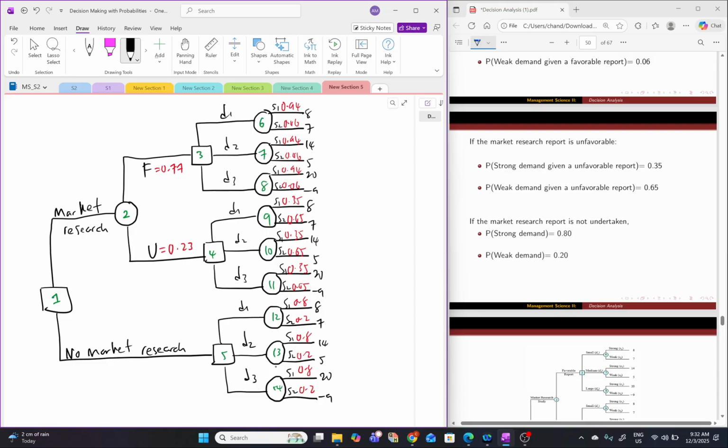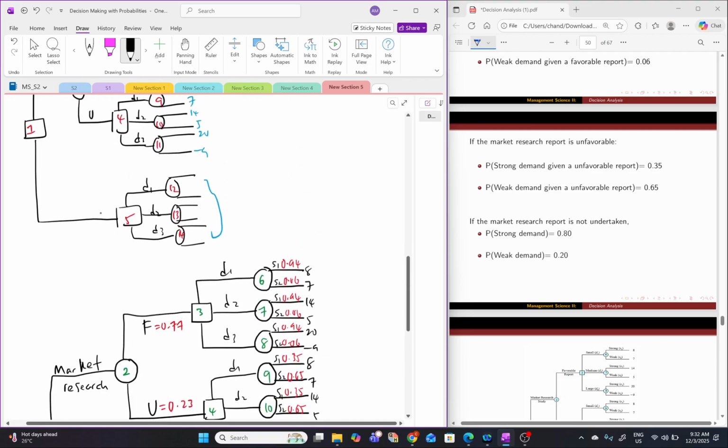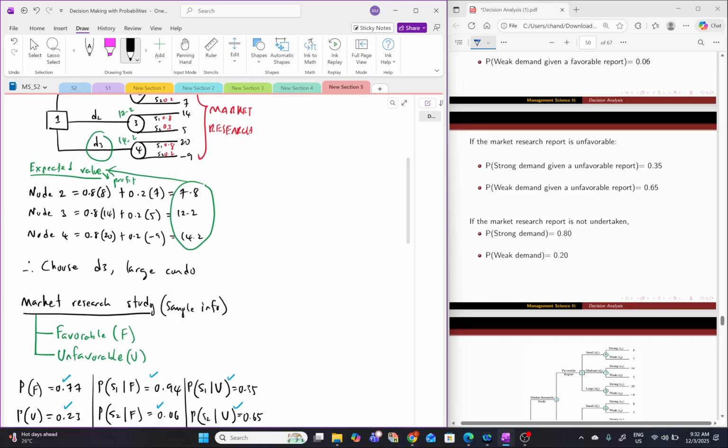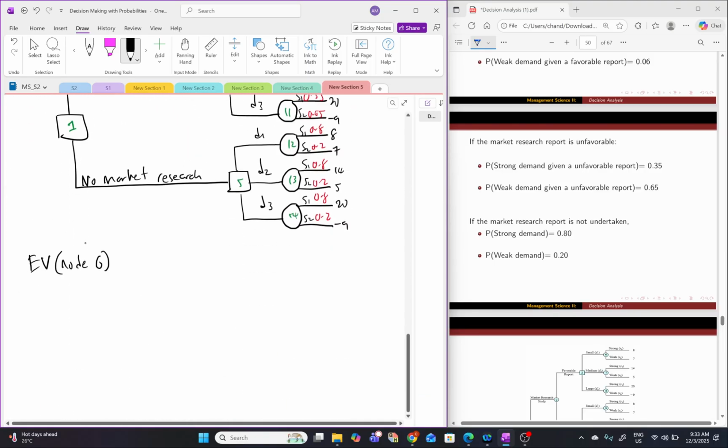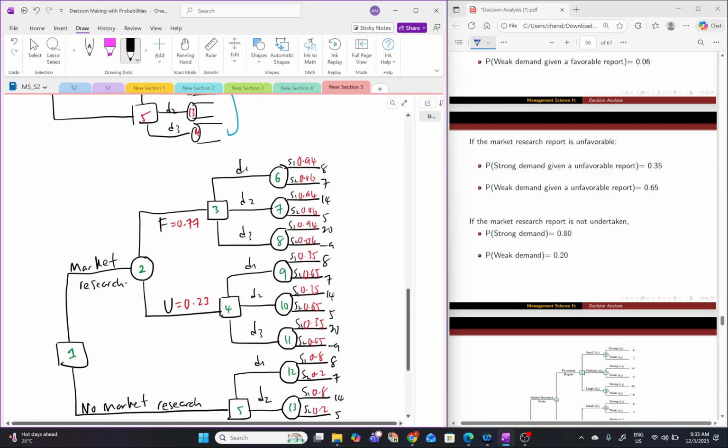Alright, let us do, semua dah sketch. Okay, expected value, not 6. Tadi saya tulis apa? Tadi saya tulis not 2 kan? Ini letak EV ya, expected value. Expected value of not 6, apa kena buat?